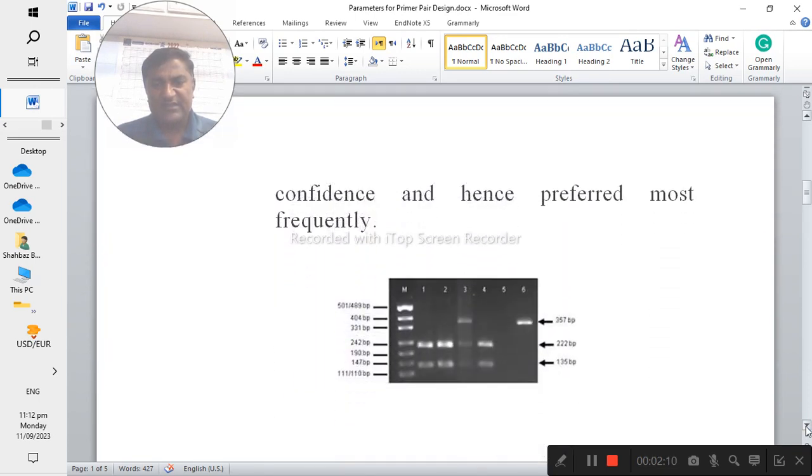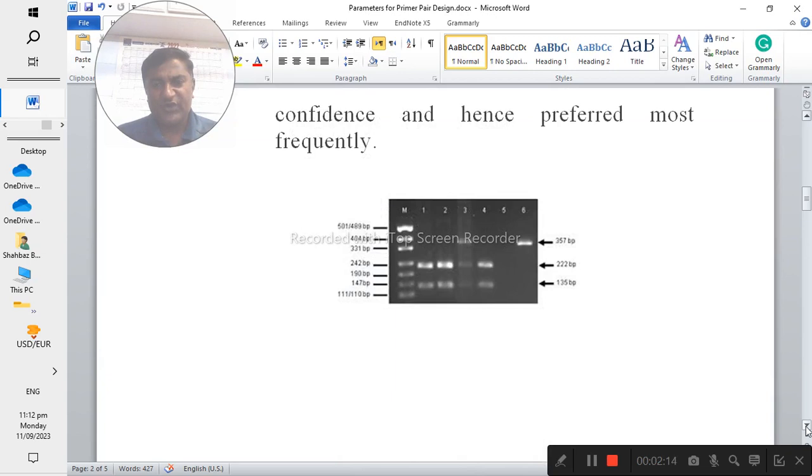Here in the image you can see the product size, 357 base pairs. So different DNA has different product sizes, and you can observe this in this diagram.